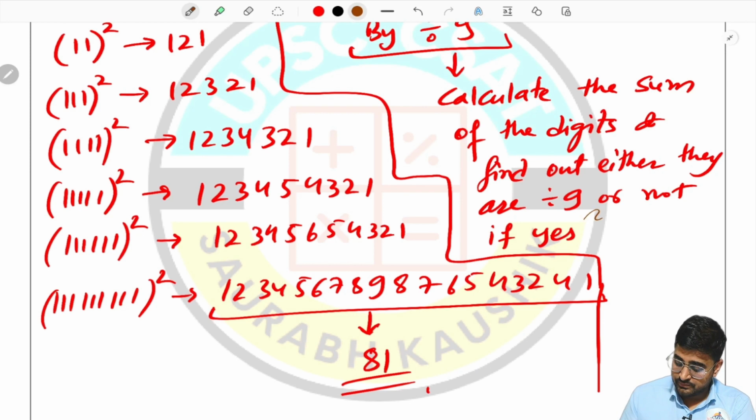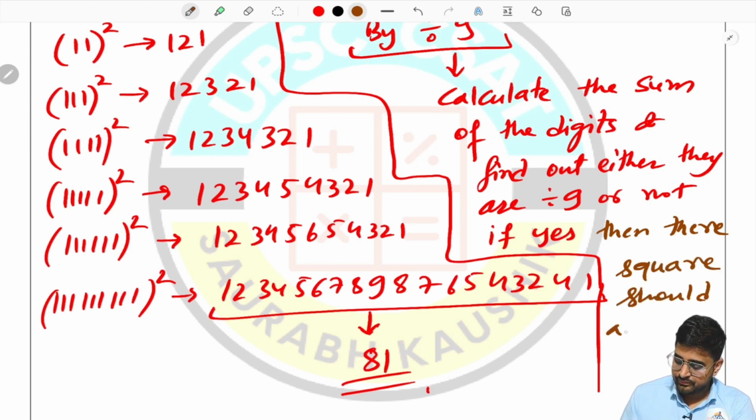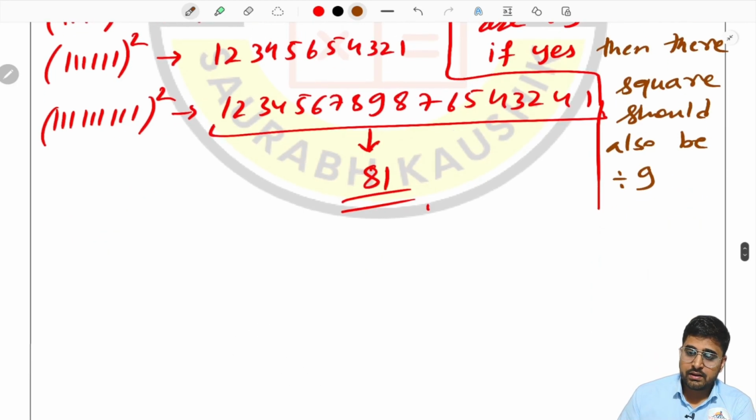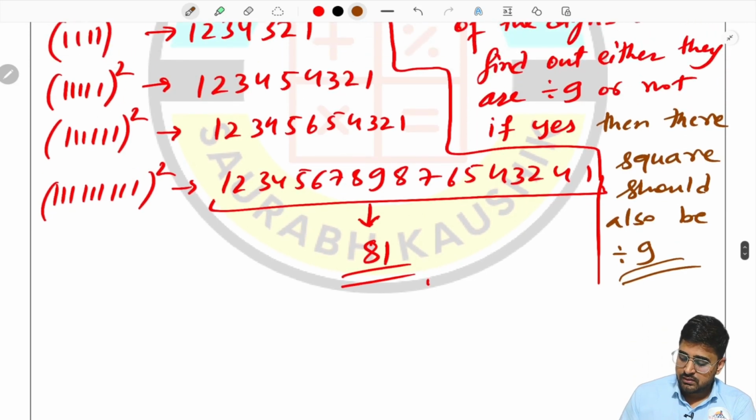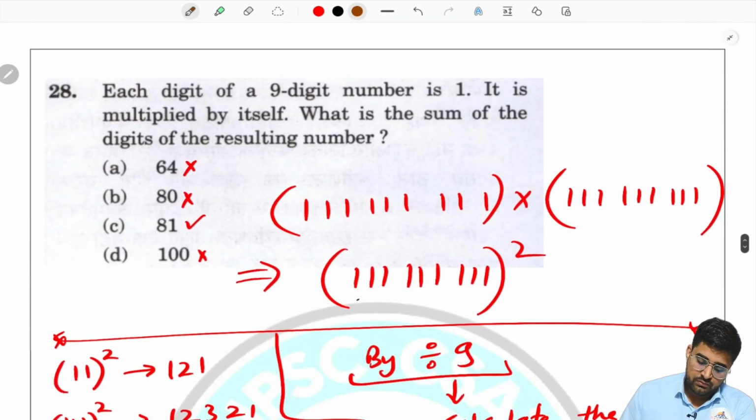If yes, then their square should also be divisible by 9. So that's how we calculate this.